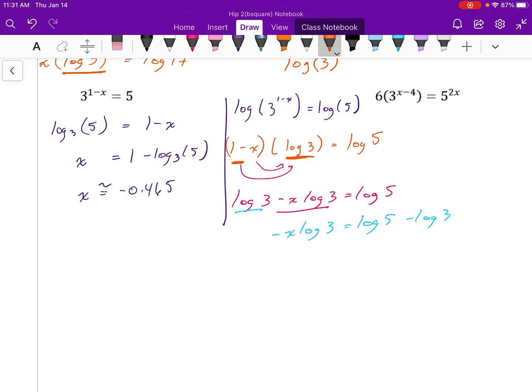If I would like to isolate x, I'm going to divide both sides by negative log 3. So x is equal to log 5 minus log 3, divided by negative log 3. And that's my answer. And if you manipulate this, what you'll get is the same as what we had before.